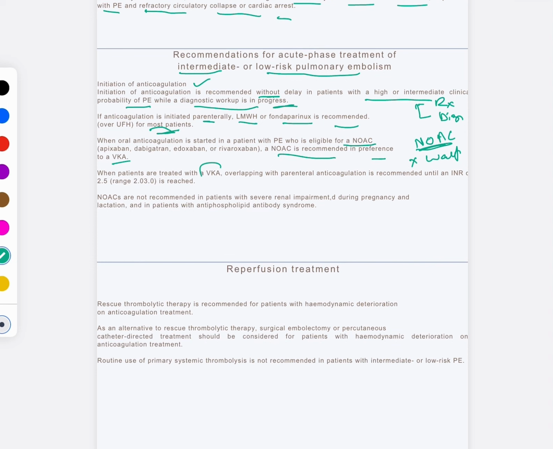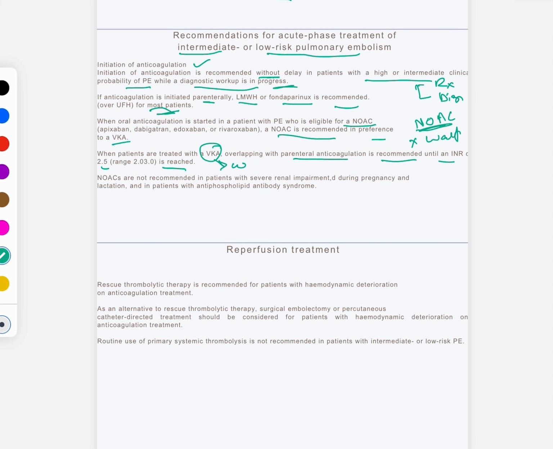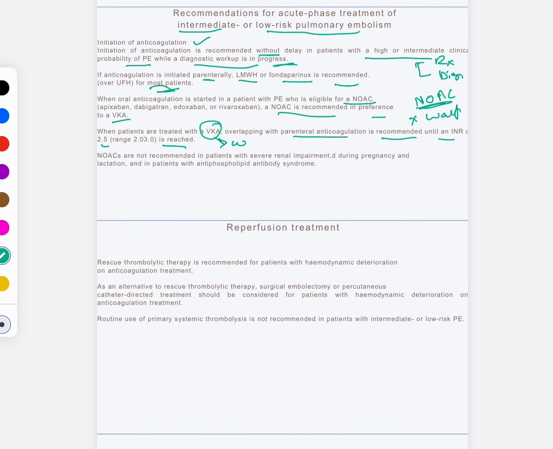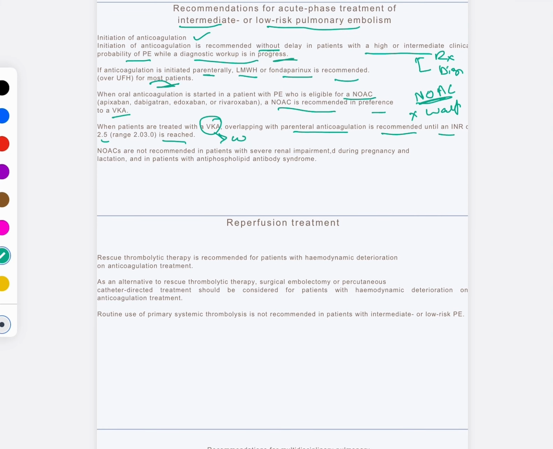When patients are treated with a vitamin K antagonist, which is warfarin, overlapping with parenteral anticoagulation is recommended until INR of 2.5 is reached. So you start with unfractionated heparin and then overlap it with a vitamin K antagonist once INR of 2.5 is achieved.